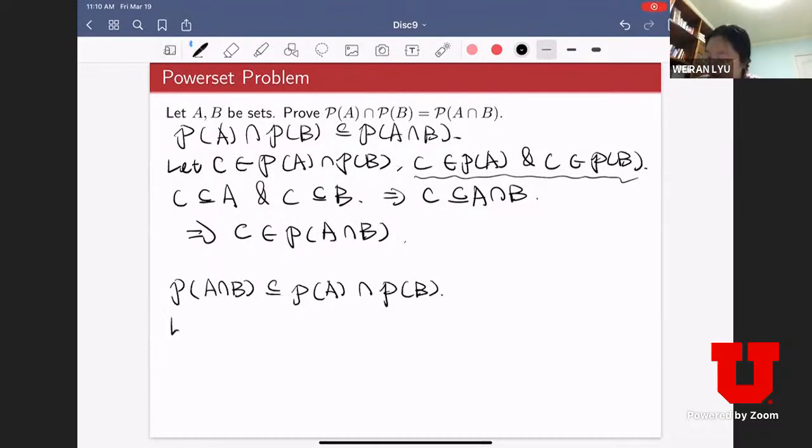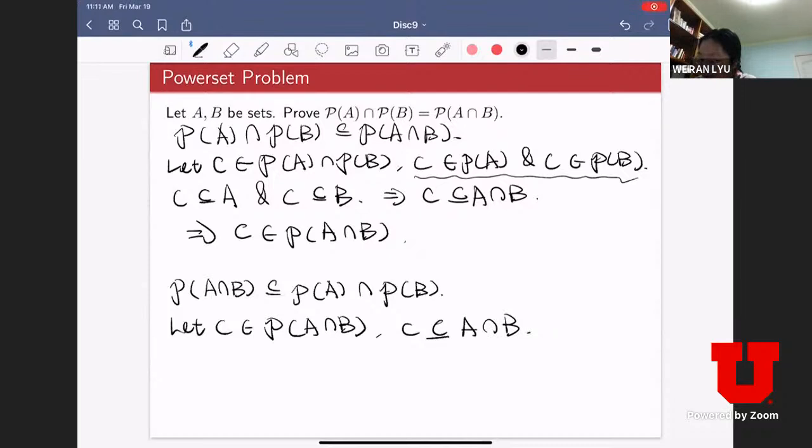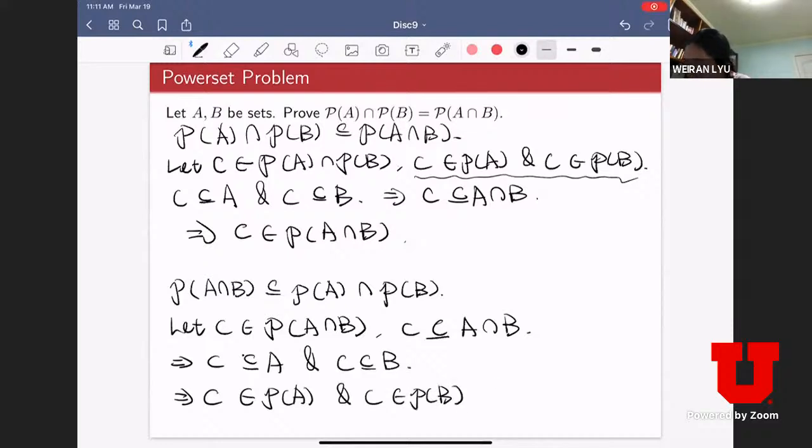For the second part, we're still going to start with C belonging to the power set of A intersect B. By the definition of the power set, we know that C is a subset of A intersect B, and by the definition of intersection, C is a subset of A, and C is also a subset of B. This should imply that C is an element of the power set of A and an element of the power set of B. And thus C is an element of the intersection of these two power sets.